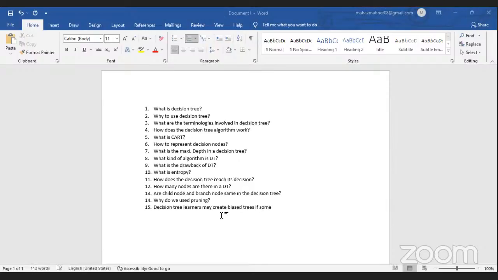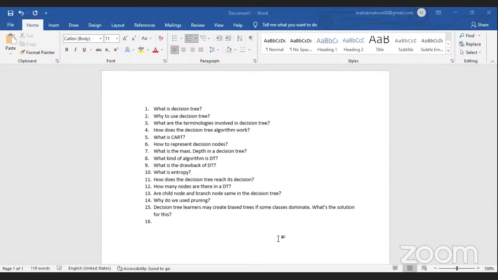If some classes dominate, what is the solution for this?